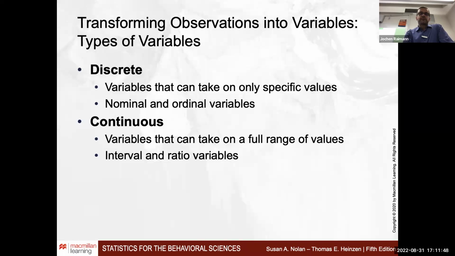So this being said, these variables can be discrete or can be continuous. And there's a difference between those two, because discrete variables can only take on specific values. For example, you have predefined categories within your variable, and you say, I want the variable of, I don't know, biological sex, for example, you have male and female, right?